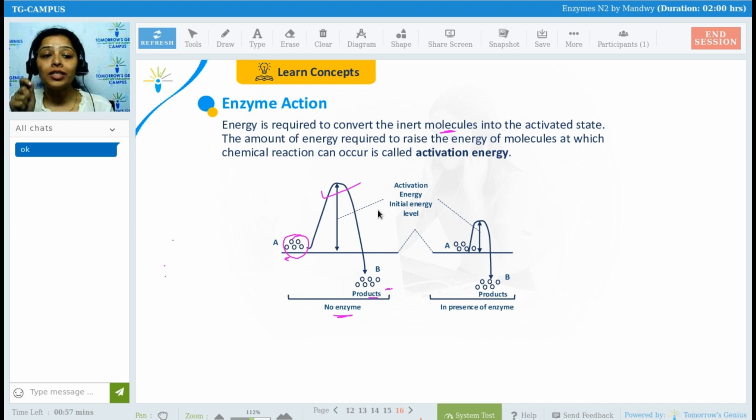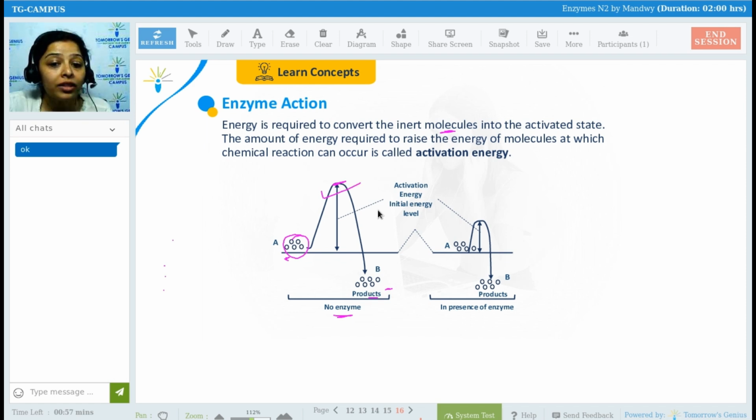Enzyme cannot start a chemical reaction. It simply enhances, accelerates the reaction. When the enzyme is not there, no supportive system is there to accelerate the reaction. At that time, the reactant requires more energy. And that's why you can see the graph of activation energy is very steep, right?